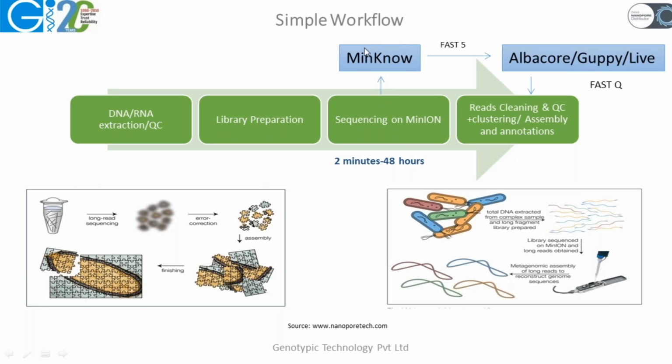The sequencer is controlled by a user interface called MinKNOW, and the data that is generated, the electrical signals I told you about, called a squiggle, is in FAST5 format. It needs to be converted into FASTQ format using either Albacore or Guppy. Or when it is live, you can get the FASTQ directly.